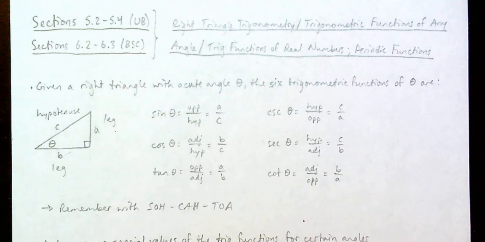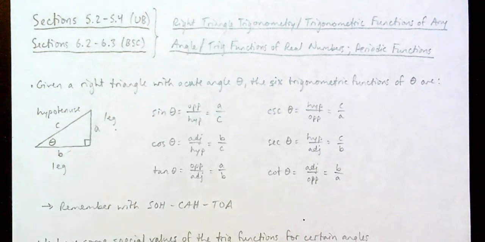So if we know the lengths of these three sides, both legs and the hypotenuse, for a given angle theta, we can determine the values of the six trig functions at this angle theta.